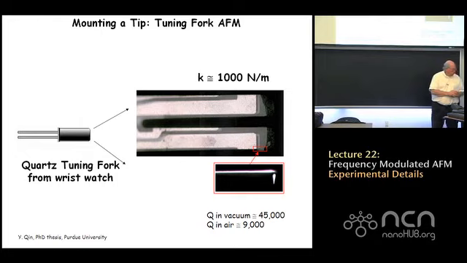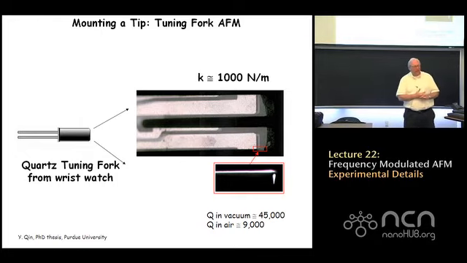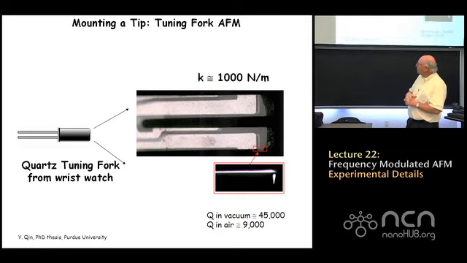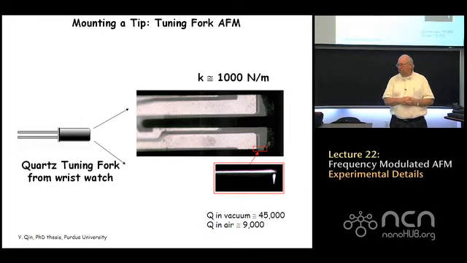So the next thing you need to do to implement this FM-AFM experiment is attach a tiny tip to the bottom end of one tine of this tuning fork.